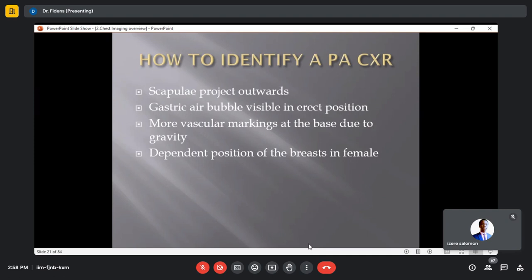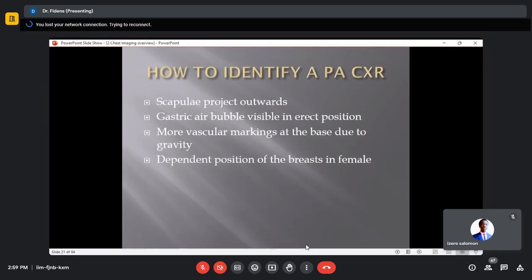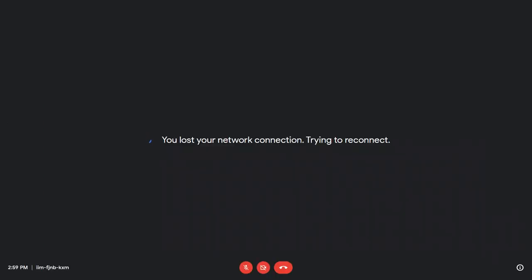Okay, those are the signs for a PA chest, but the most important sign is the scapula projecting outwards. So these are the characteristics of the PA view, because of how they look on the image.